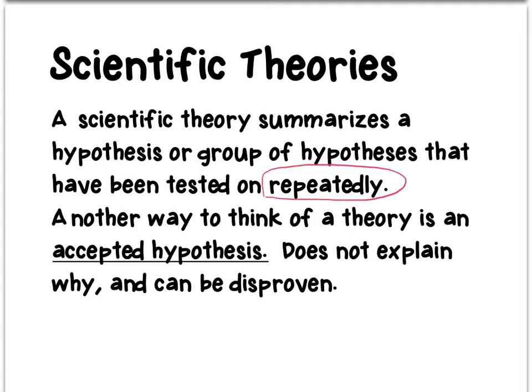So this means that scientists have had a hypothesis and they've tested it more than one time. After they have tested their hypothesis, they have decided that it is true or it is not true. Another way to think of a theory is an accepted hypothesis. It doesn't always explain why something happened or did not happen, and it can still be disproven or determined as incorrect.